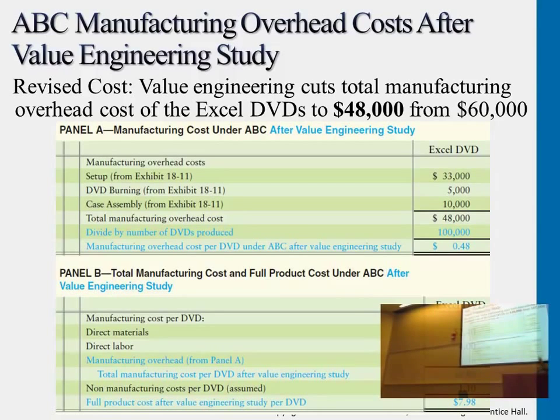At the end, we're able to meet the target cost of $8, and it's even lower than that, $7.98. Okay, so just an example of how ABC works. Separate the activities, understand the cost in different types of activities, and then at the end, if it doesn't meet the target cost, redesign some portion of the process. This is a team effort from different departments in order to help meet the target cost.